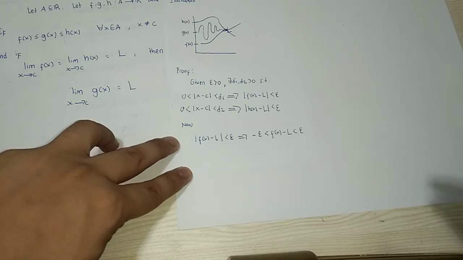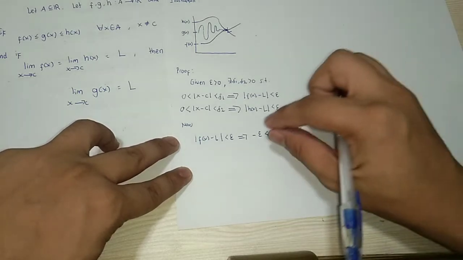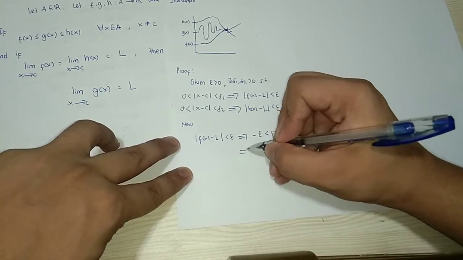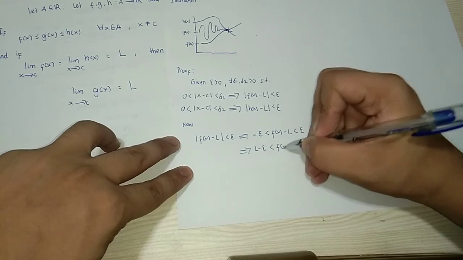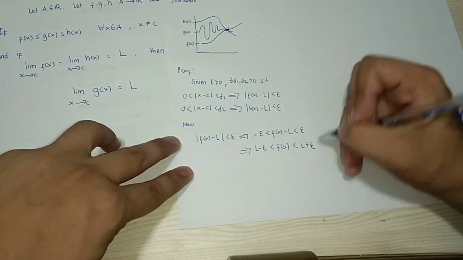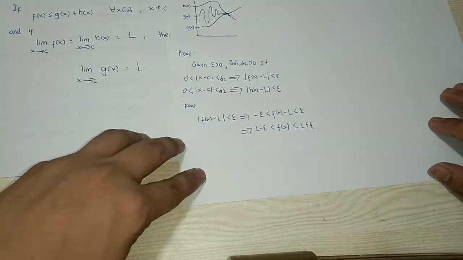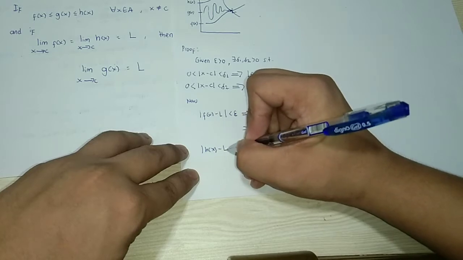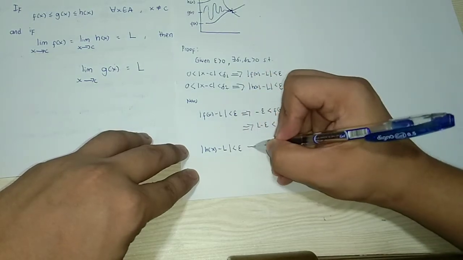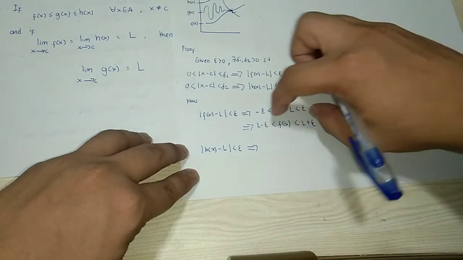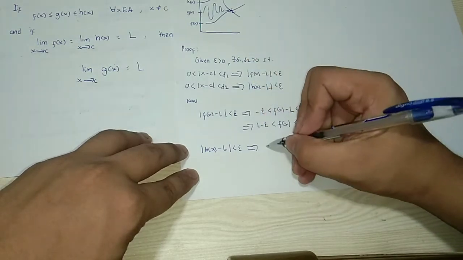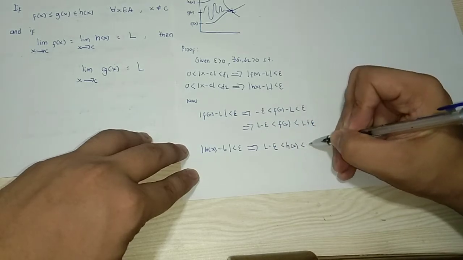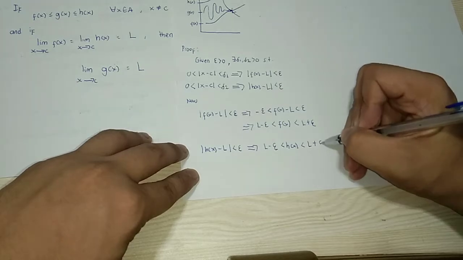And then kung mag-add tayo both sides ng L, so magiging L minus epsilon less than f of x less than L plus epsilon. So similar case dito sa h of x. So sa h of x minus L less than epsilon, this will imply, so dito ganito rin yung mangyayari sa kanya. So L minus epsilon less than h of x less than L plus epsilon.